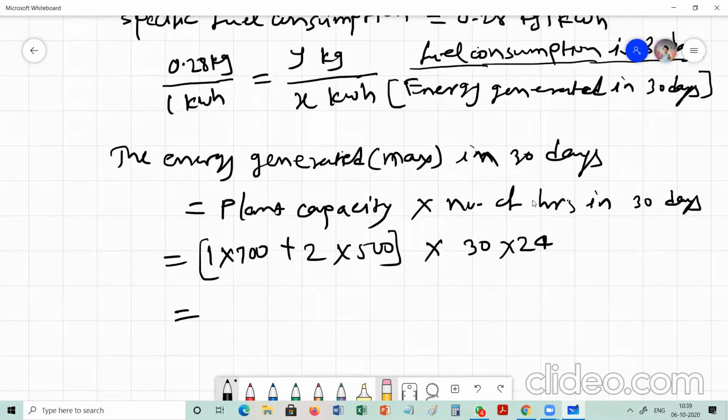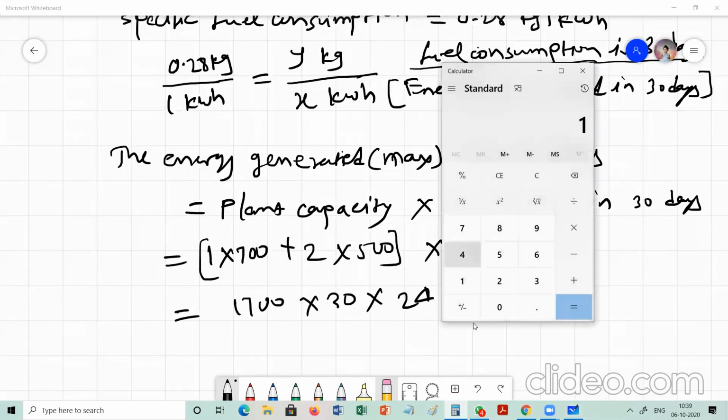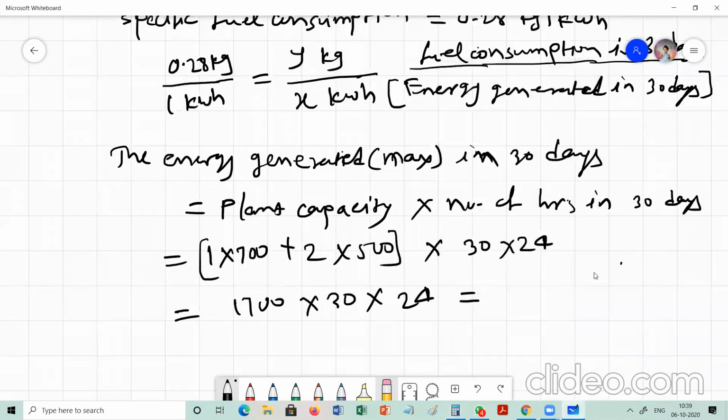So it is equal to 1700 into 30 into 24, which equals 17 into 3 into 24, 1224 into these two zeros of 1700 and one zero of 30, into 10 raised to 3 kWh.